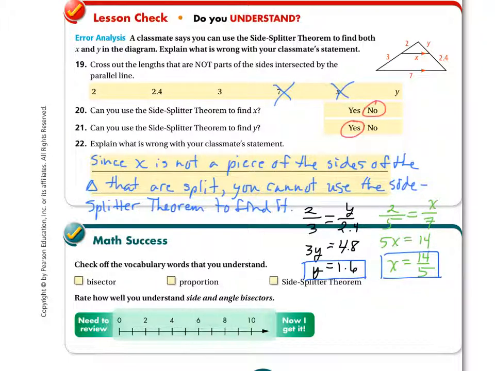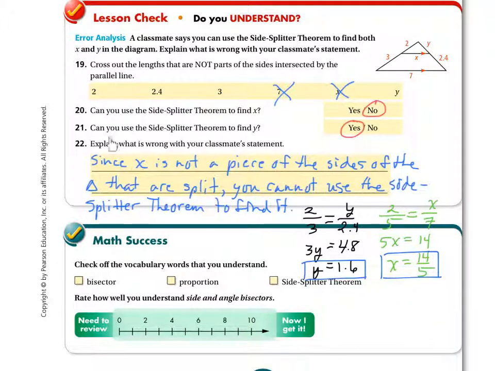So let's look at what I wrote up here. For question 19, would you agree that 7 and x are not parts of the sides intersected by the parallel line? Because they are on the parallel lines, right? And so you can use these 4 to set up a proportion. I set up a proportion down here for y using those 4. It's not the only proportion, but your cross product should be identical to mine. However you set up your proportion, your cross product should have been 3y and 4.8. So that when you divide by 3, your answer for y turned out to be 1.6.